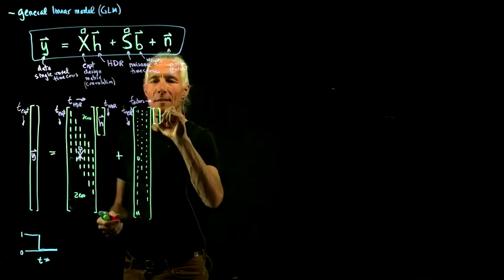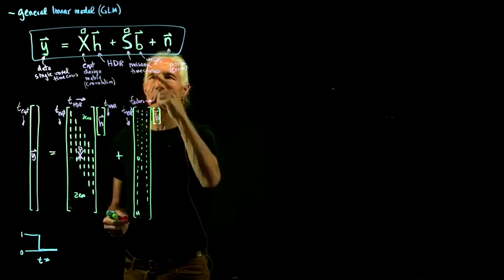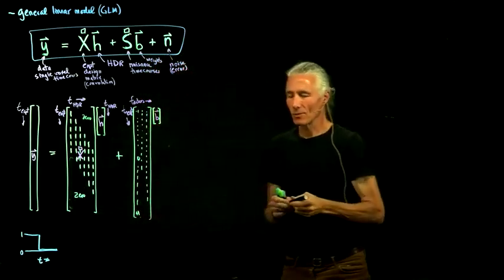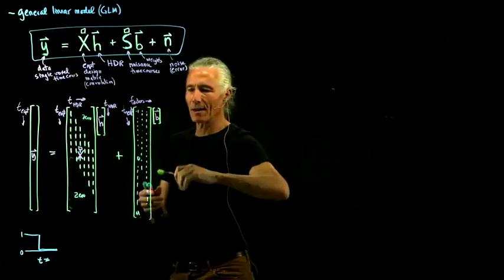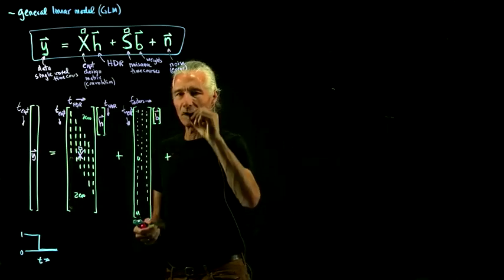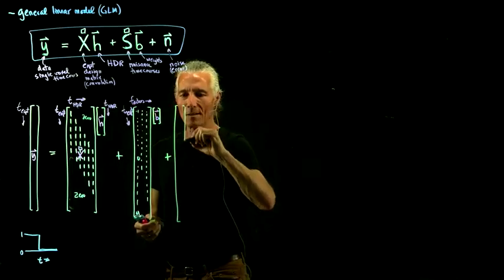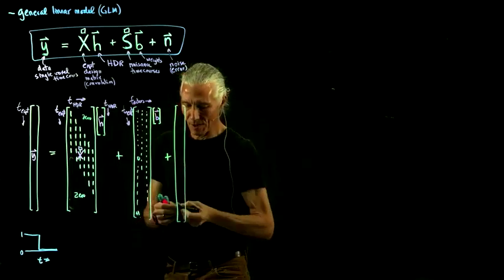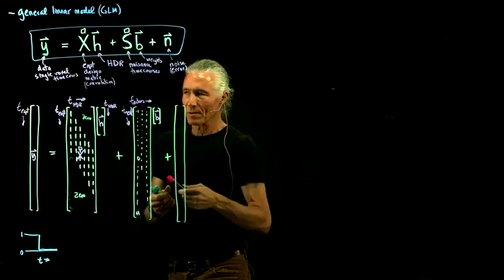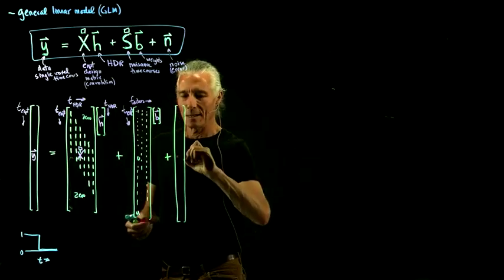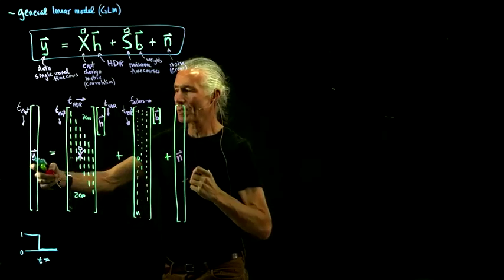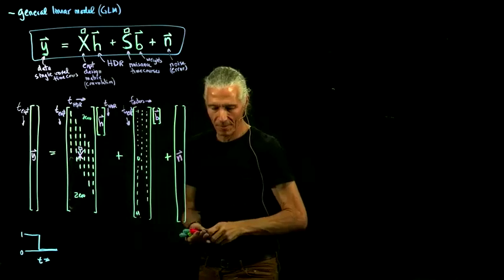So that's a B there. That's our weights for each of those nuisance factors. And then finally we've got our noise vector. That's our error vector basically, whatever we couldn't explain for this actual time course.